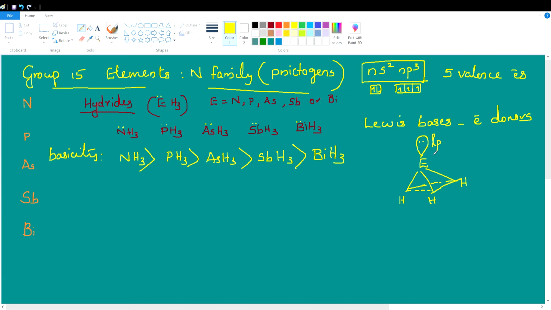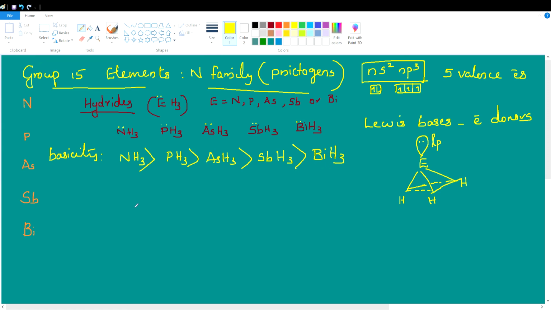Lone pair electron density is maximum on nitrogen because nitrogen has the smallest size. Because of small size, the lone pair electron availability per unit volume on nitrogen is maximum. Bismuth being larger, the availability of lone pair electrons per unit volume on a large volume of bismuth is minimum. Hence, ammonia is the strongest base, bismuthine is the weakest base.